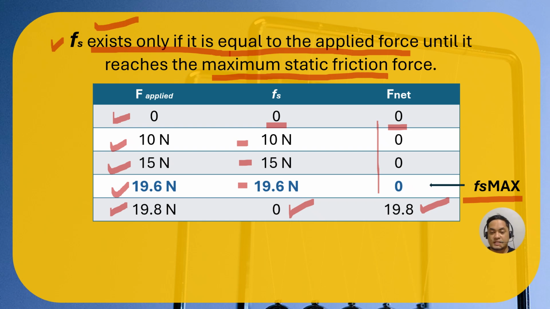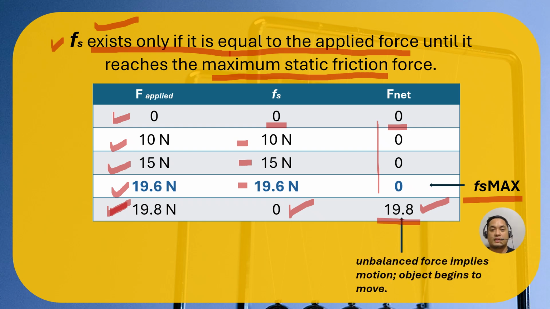If it exceeds the maximum static friction force, the Fs max, like this is greater than the Fs max, there is motion now in this case. Okay. Now let's have the next slide.